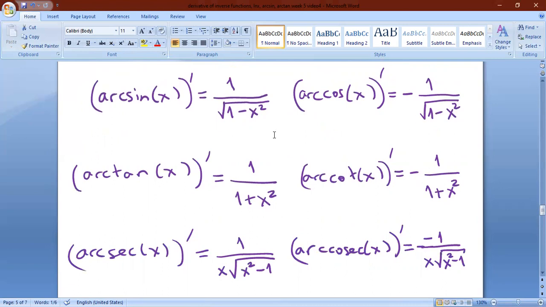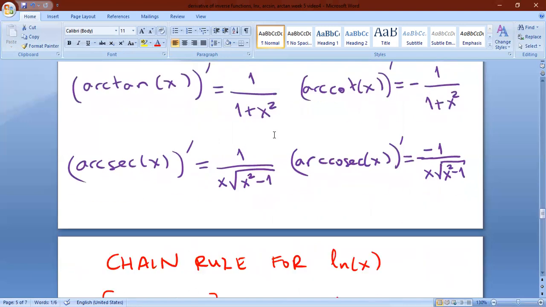The derivative of arctangent, we have found, is 1 over 1 plus x squared. The derivative of arccotangent is the same function, only negative, so minus 1 over 1 plus x squared. And the derivative of arcsecant is 1 over x times square root of x squared minus 1. And the derivative of arccosecant is minus the same function.